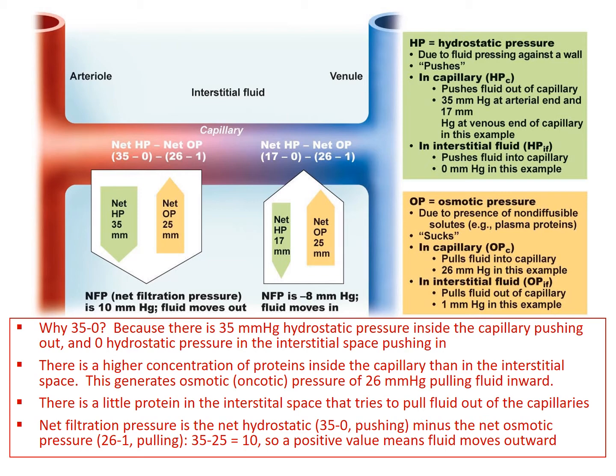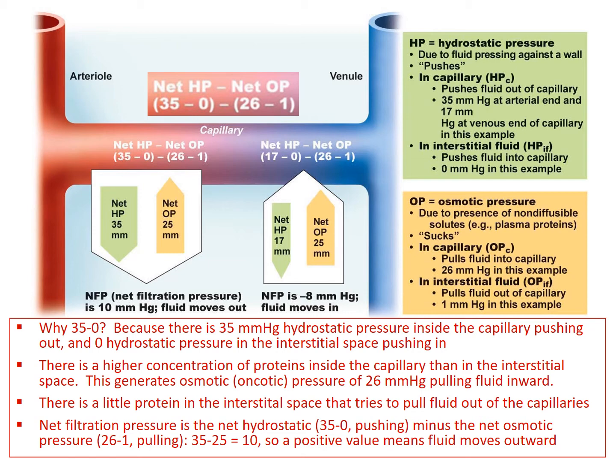And so what we'll take a look at first is actually the net filtration pressure on the arteriole end. So the area that I just expanded shows you net HP minus net OP. So this is going to be hydrostatic pressure minus osmotic pressure.